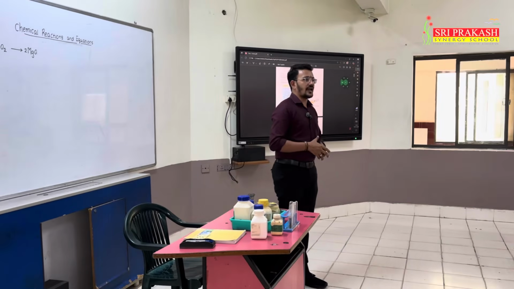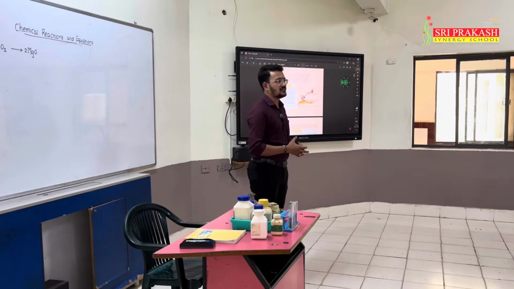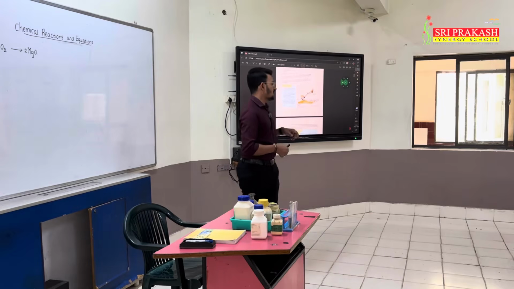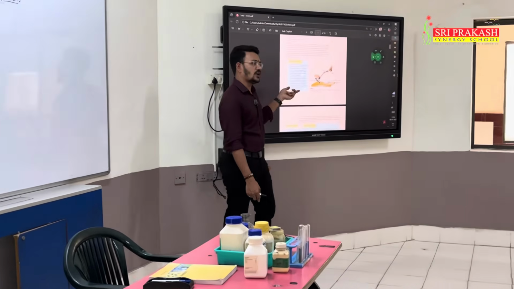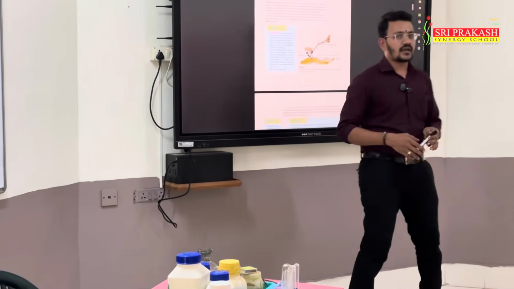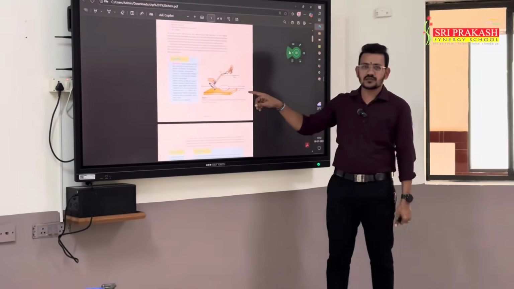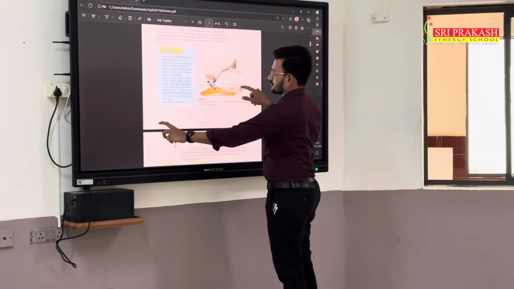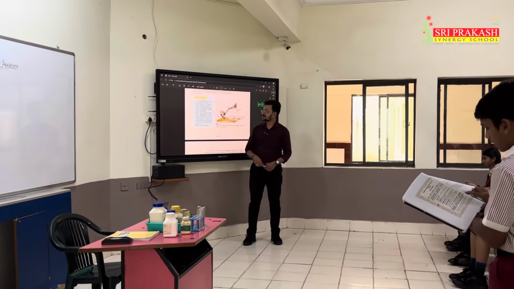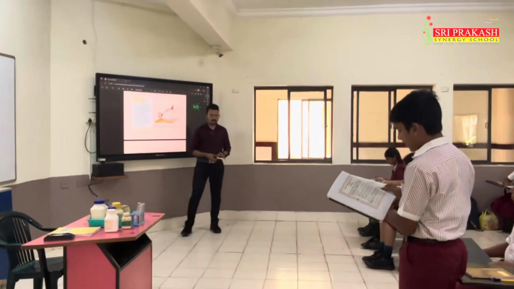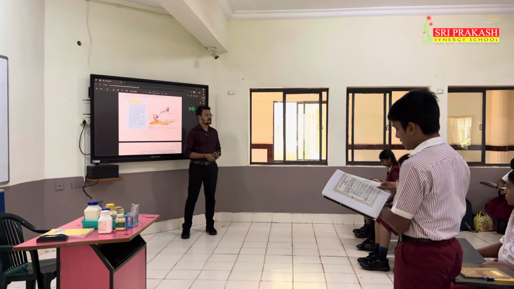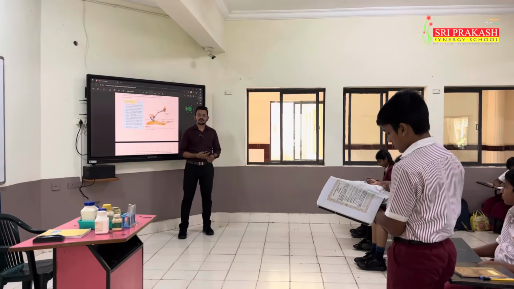Okay. Shall we do an activity for this combination reaction? Yes. First, let us read what is the activity given in the textbook and then we'll perform it. Can anybody volunteer to read this? Caution. This activity needs the teacher's assistance. It would be better if students wear suitable eyeglasses.